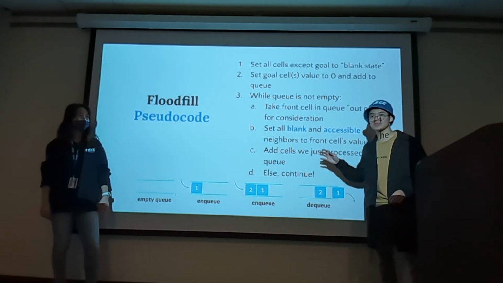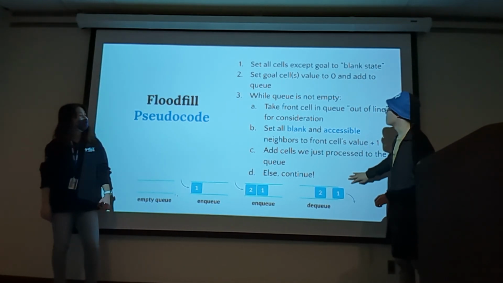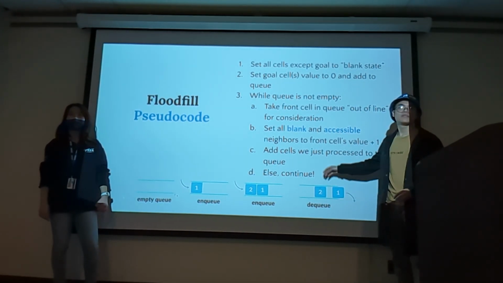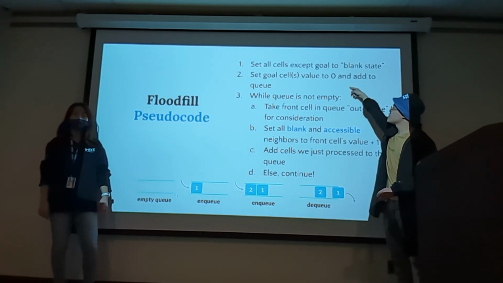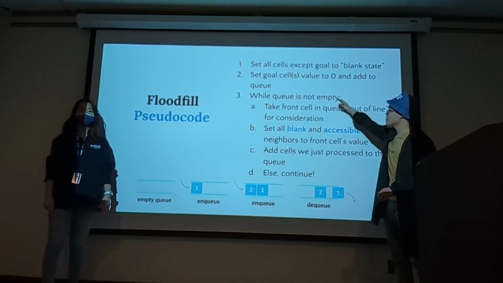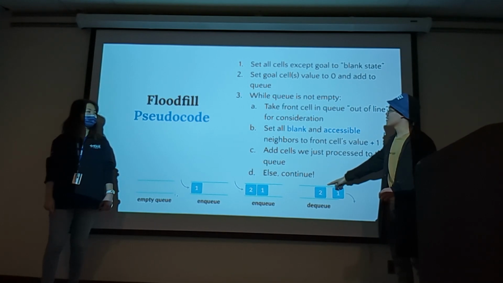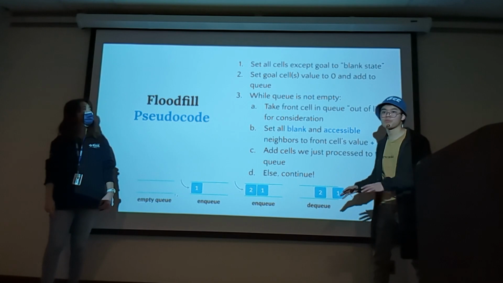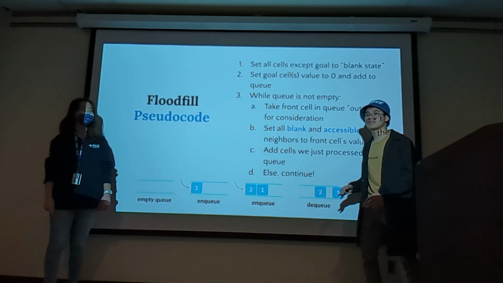We're going to see what that looks like later, but does all of this make sense code-wise? We have two things right here before the while loop, and then we keep going until there are no more cells in the queue, and then we've processed everything in the maze.